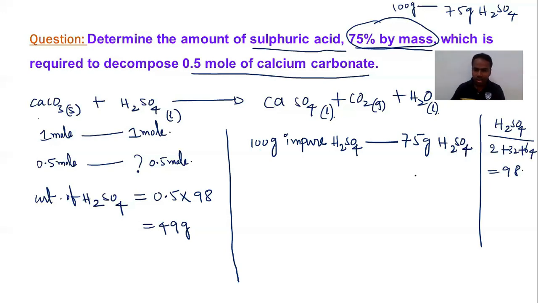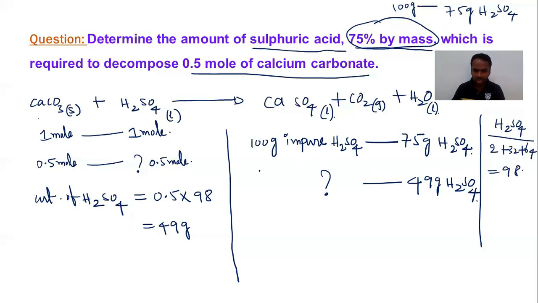But to decompose the CaCO3, I require 49 grams of H2SO4. So for getting 49 grams of H2SO4, how many grams of this impure H2SO4 are required? Impure H2SO4 means this is 75% by mass of H2SO4.